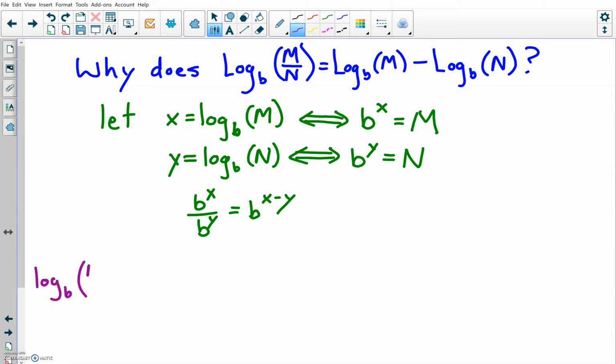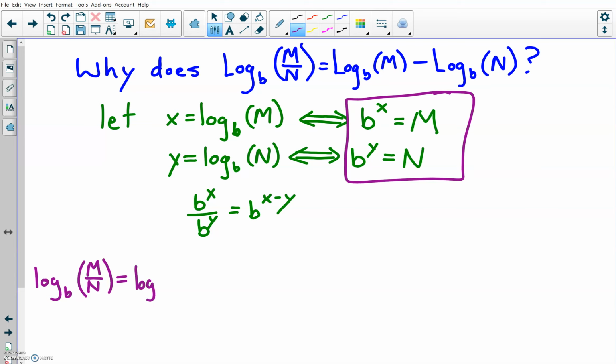So start out with this log base b of m divided by n. And then I'm going to use these exponential relations to the logs, and more importantly the fact that m is equal to b to the x and n is equal to b to the y. And this is where the magic happens.